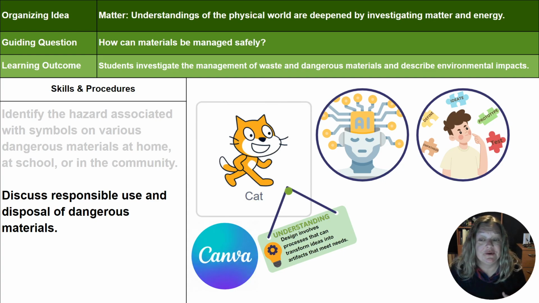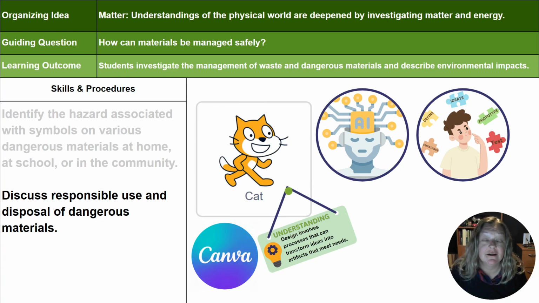Moving on to this last skill and procedure about discussing responsible use. I don't have a Scratch project created for this, but by the time your students did the previous two in this session, they would probably be able to come up with something along this based on what they've already learned in Scratch.